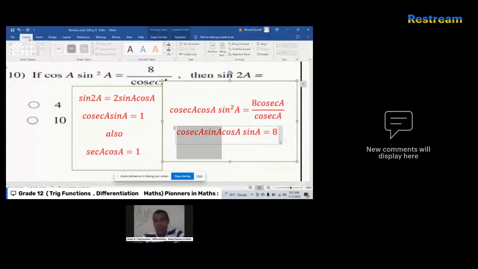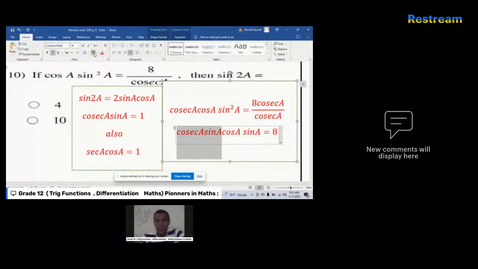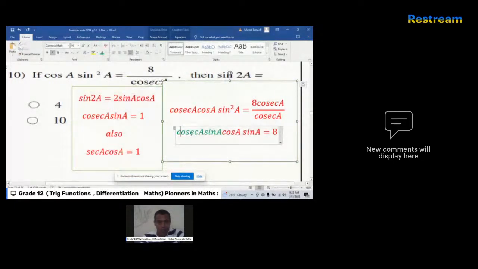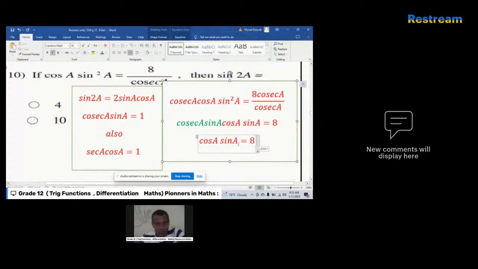Both functions are called reciprocal, so this one is equal to 1. So therefore I will write only cosine A times sine A equals 8.